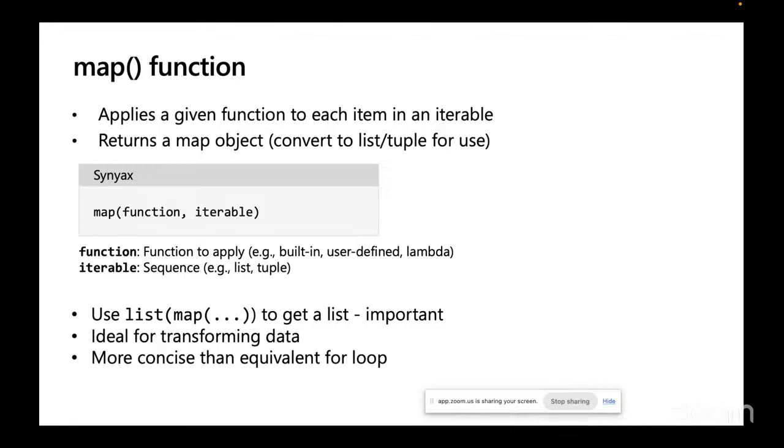You cannot directly print it. That is the major gotcha here. The syntax is map, you give it a function and an iterable. The function can be a built-in function, a user-defined function that you have written, or a lambda function, which we will also see. Then the iterable, as I mentioned, can be a list, tuple, anything.